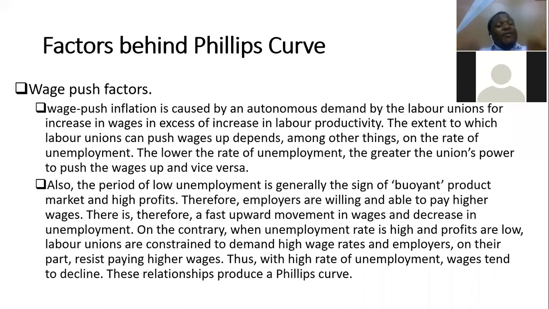Remember, if they have efficient bargaining power, wages will actually go up because the union has that power to push up the wages. Their demand for wage increase does not commensurate with the increase in labor productivity.